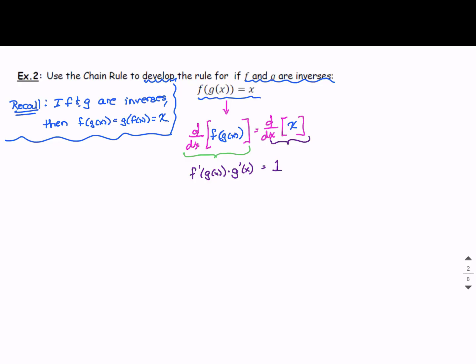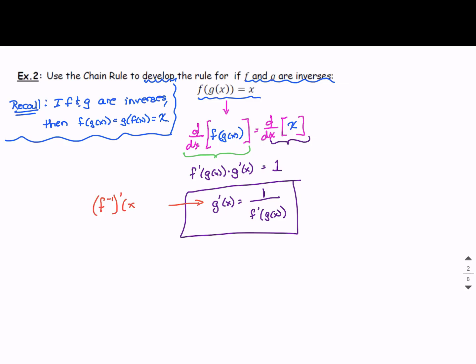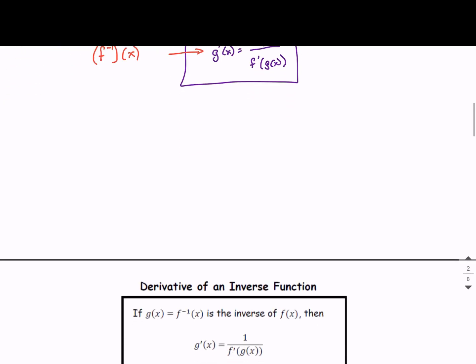Now, what I'd like to do is solve for g prime of x. So if I want g prime of x by itself, I have to divide both sides by f prime of g of x. So now remember that this g prime is really f inverse that we're taking the derivative of. And we have developed the rule for the derivative of an inverse function.